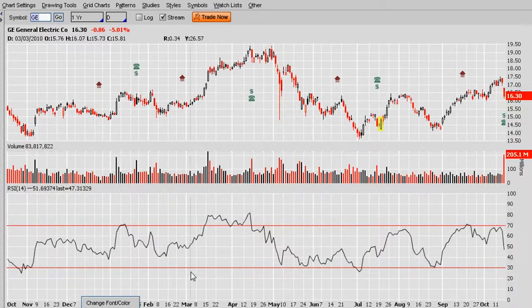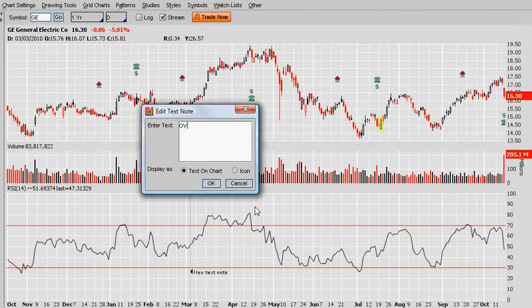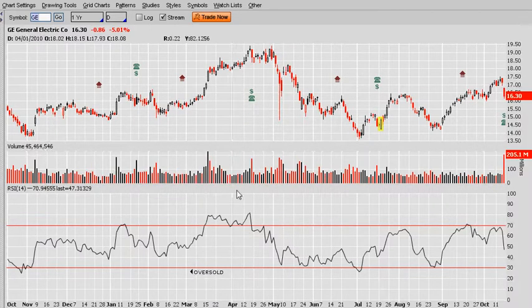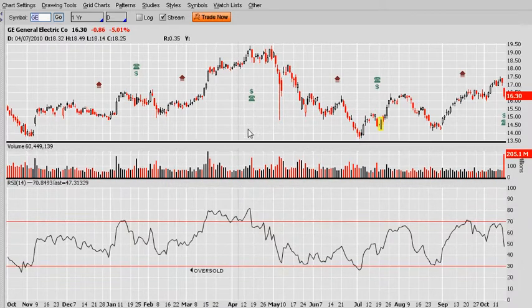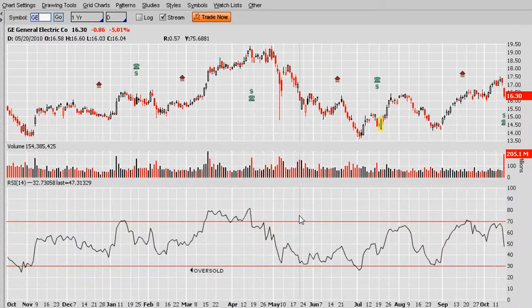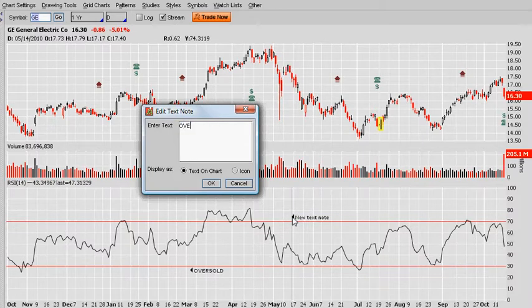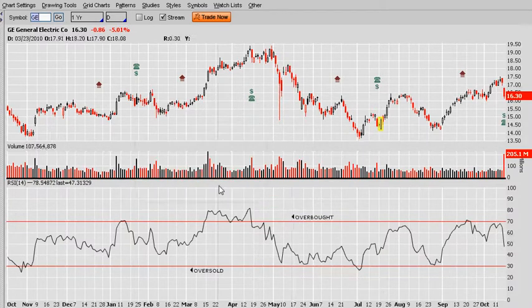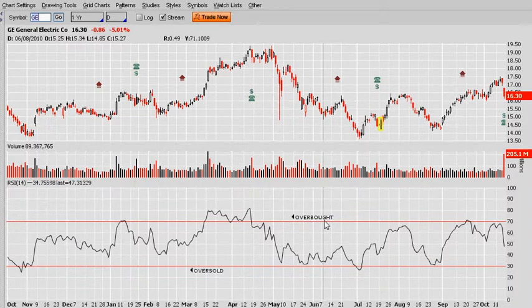Now, the bottom red line is the oversold line, and I have a little label there, and the top red line is overbought. So pretty simple so far, and it just bounces between these values depending on what the formula tells the value is going to be for that day, and eventually we have our own little chart.